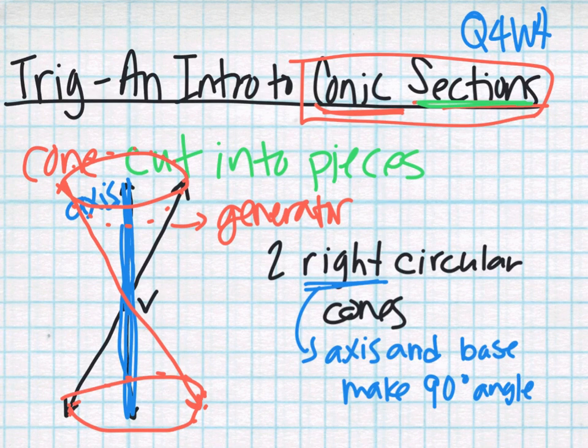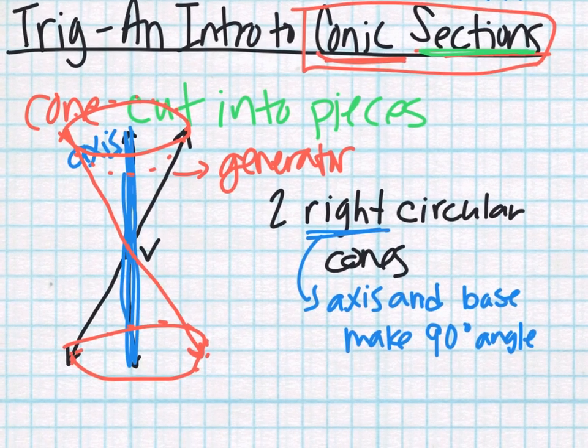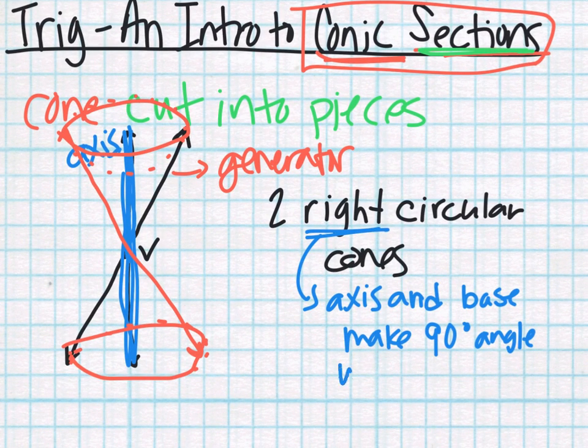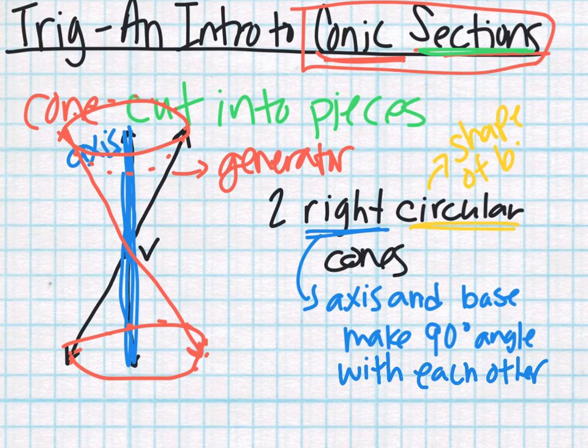So the axis and the base make a 90-degree angle with each other. And then circular refers to the shape of the base. So I could have a right square pyramid, which wouldn't be a cone. If it's going to be a cone, usually it's a circular base. Makes sense.